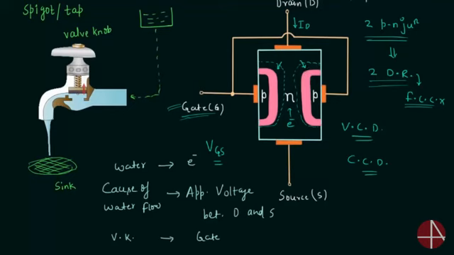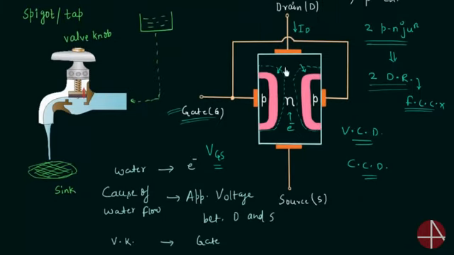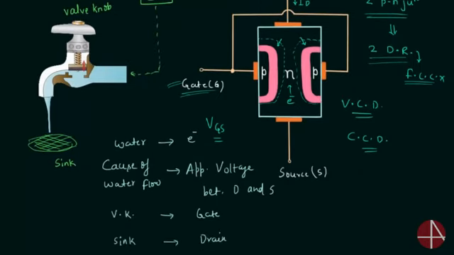The next comparison is between the sink and the drain. The sink in this case is the same as the drain in case of JFET. You can see water is going into the sink, and here electrons are going towards the drain. So their working is similar.